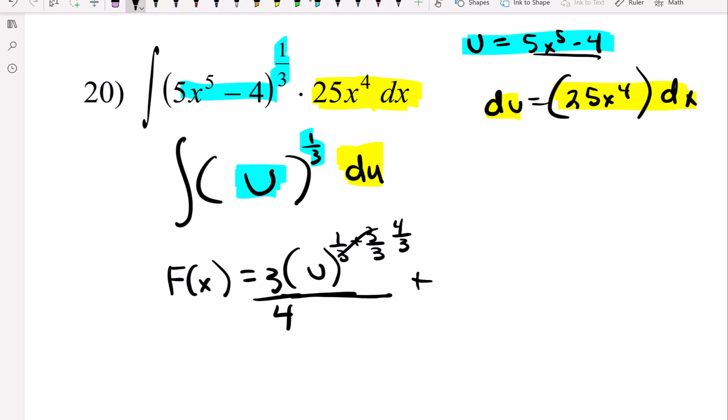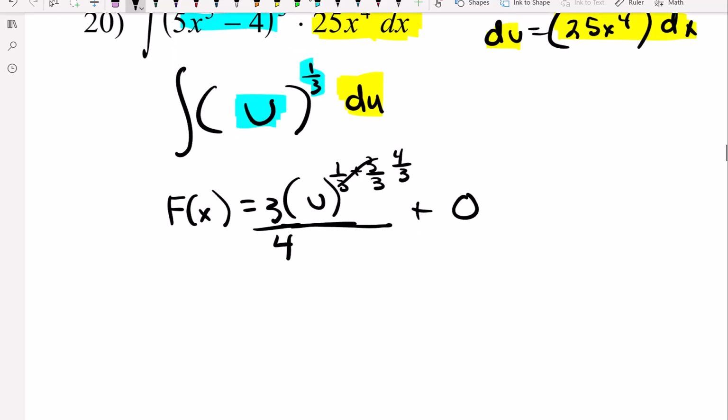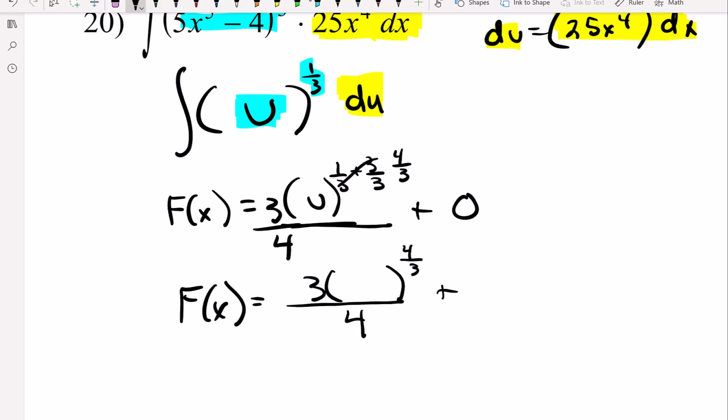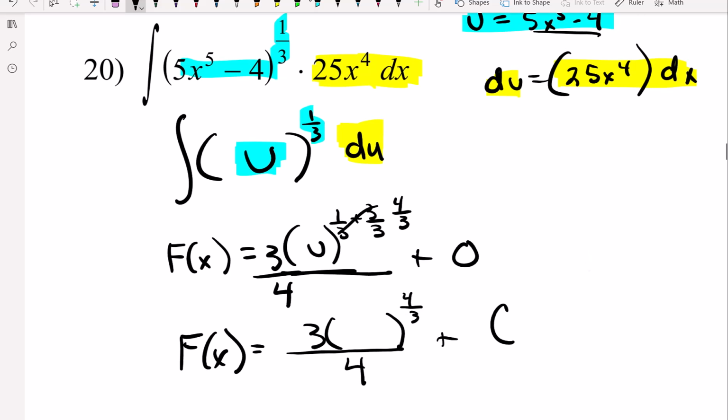We're going to do plus 0, and then we're going to finish it off. So we have 3 over u to the 4/3, and where the u was.